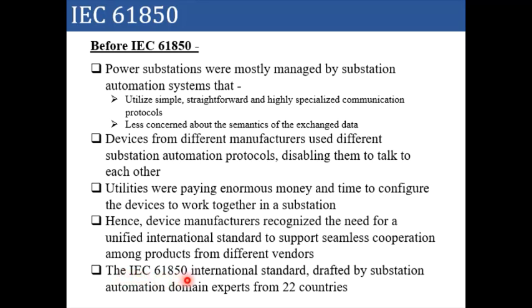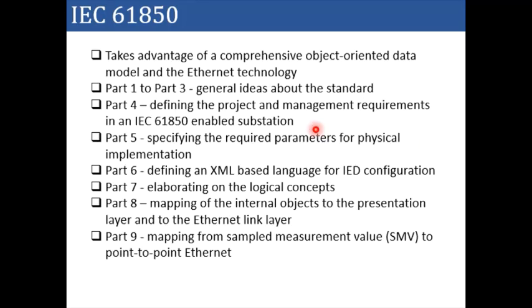The IEC 61850 international standard is drafted by substation automation domain experts from 22 countries. Now IEC 61850, this protocol takes the advantage of a comprehensive object oriented data model and the Ethernet technology.